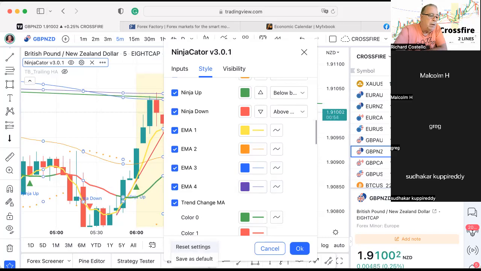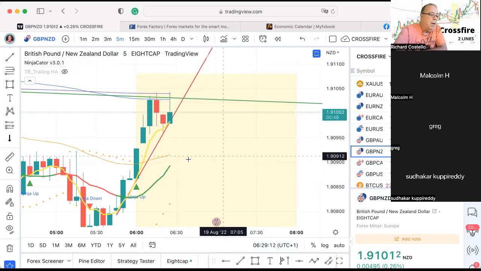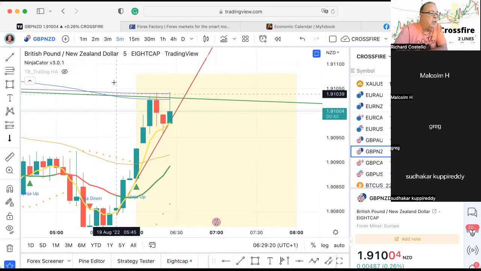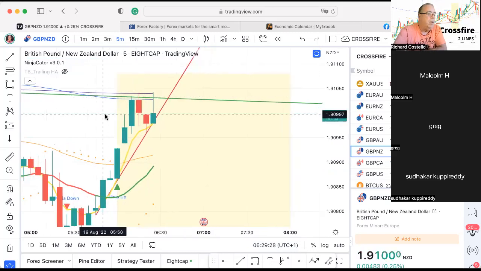I'm just going to click save as default, and then it will always show those lines. So there's the 50 moving average, and the 200 and 800 in this case are pretty close together, just above my green line. So as I say, that is a really strong resistance point.